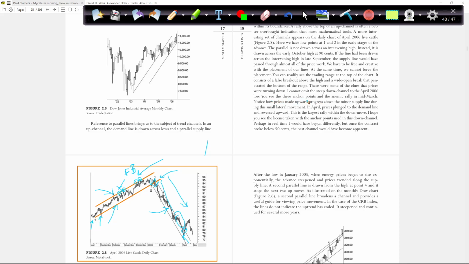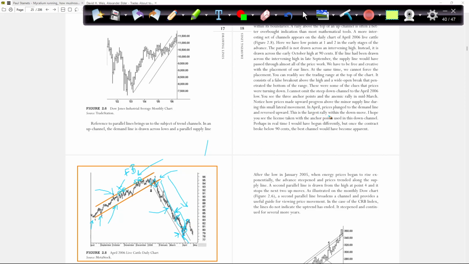You see the three anchor points and the anemic rally in mid-March. Notice how prices made upward progress above this minor supply line during this small lateral movement. In April, prices plunged to this demand line and reversed upward.